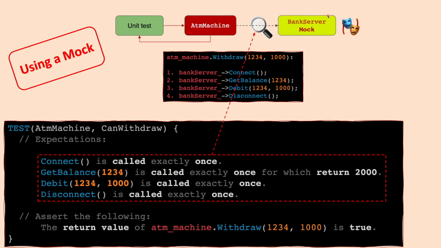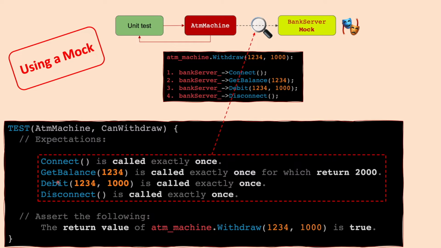When you replace the bank server with its mock version, your focus is at the interface between the ATM machine and the mock. So your test would look like something like this. You would write the things that you expect your mock to perform. For example, your ATM machine is expected to call the connect function exactly once.